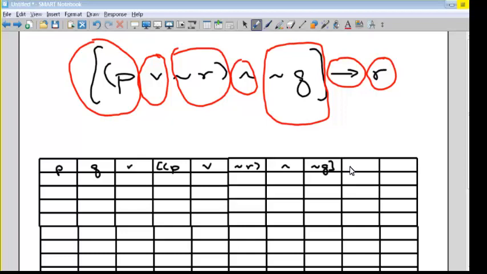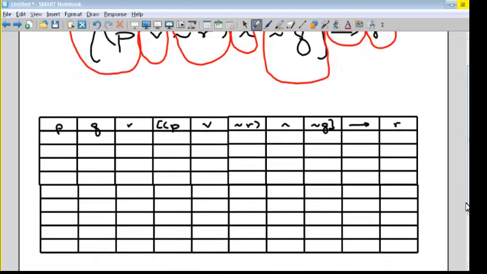In this case, I use all 10 columns because I've got P, Q, and R, which are 3, 4, 5, 6, 7, 8, 9, 10. Now in terms of the vertical one, I only need 8 rows in addition to this one, so 1, 2, 3, 4, 5, 6, 7, 8. I don't really need that last row, so I'll just mark through it.